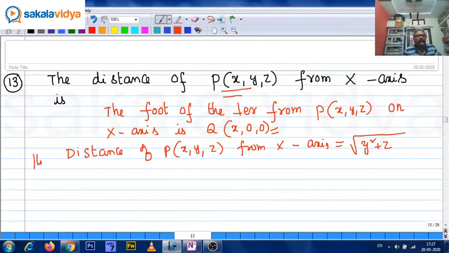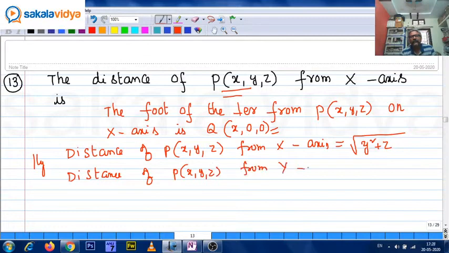Similarly, I will write directly the distance of P(x, y, z) from the y-axis. You expect it? For the y-axis, y is absent, so you will get the square root of x square plus z square.